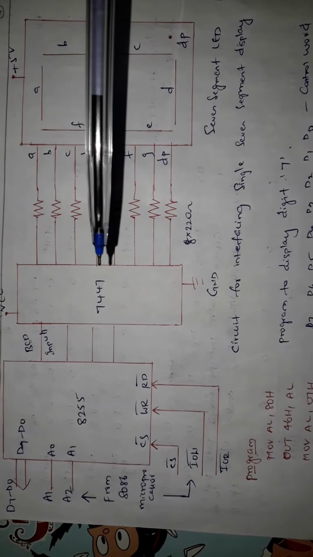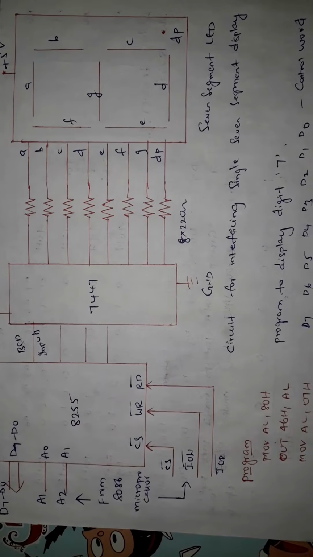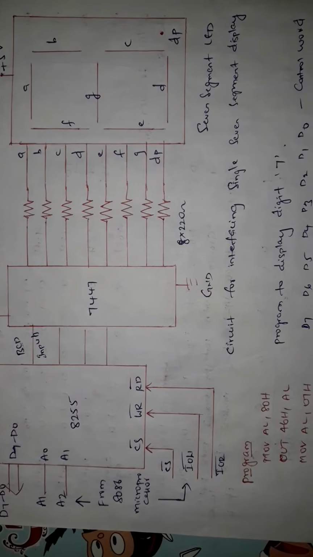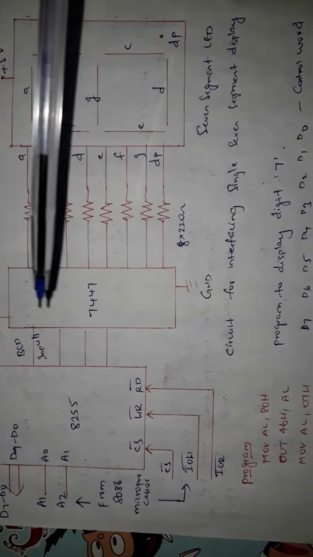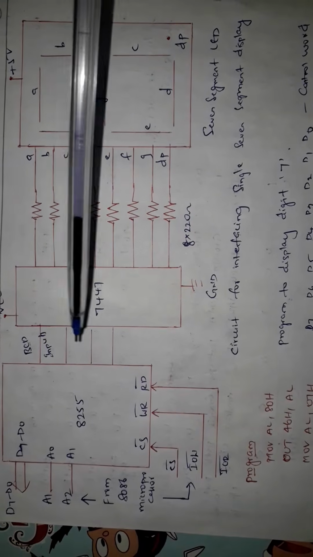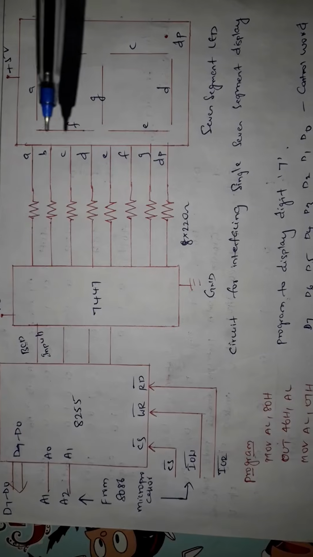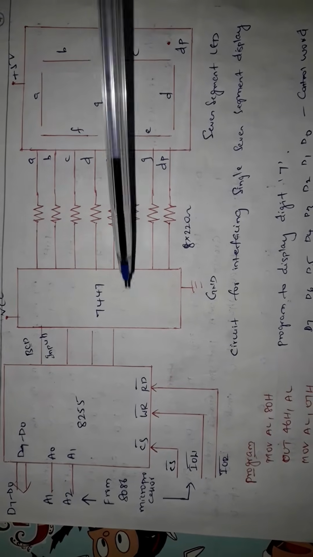It is used to decode the BCD inputs to the 7 segment outputs. You can give BCD inputs like 0, 1, 2, 3, 4, up to 9. Based on the input that you apply, the corresponding 7 segment code is obtained by using this 7 segment decoder IC, the 7447.